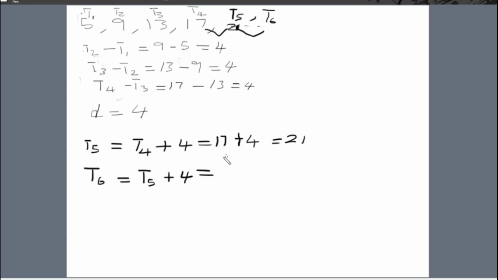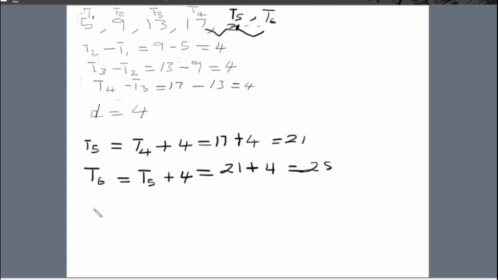And then what is term number 6? Term number 6 is term 5 plus 4, because the common difference is 4. So term 5 is equal to 21, and our common difference is 4. Therefore term number 6 is 21 plus 4, which is 25. So the next two terms of the sequence are 21 and 25.